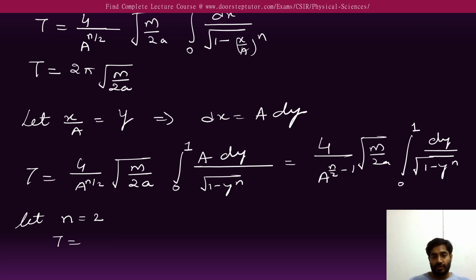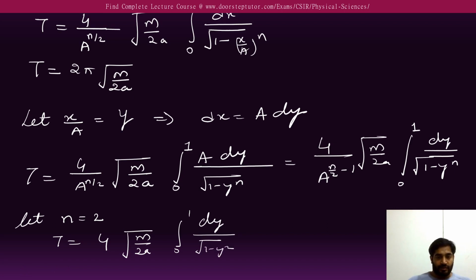So we remain with 4 times root of m over 2a, and the integral from 0 to 1 of dy over root of 1 minus y squared. Clear? If we solve this, it becomes simple: this integration is pi by 2. So 4 over root of m over 2a times pi by 2, and this gets cancelled.